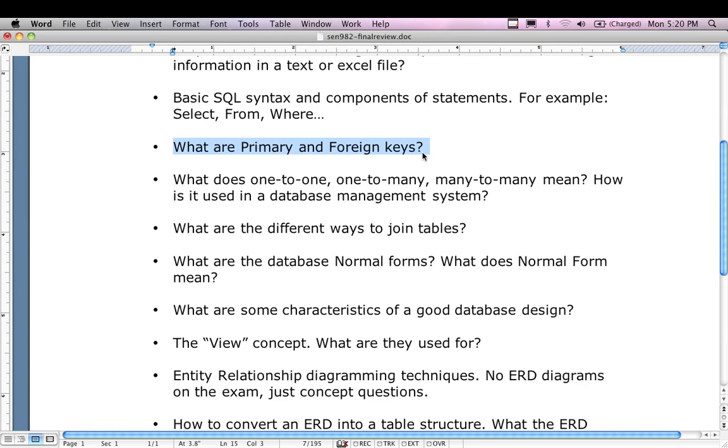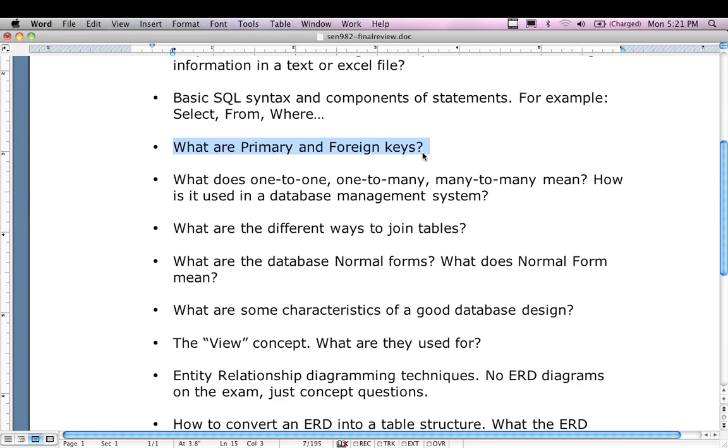The questions, which are all multiple choice, are going to ask you things about cardinality in an entity relationship diagram. They're going to ask you about one-to-one, one-to-many. How is it broken out in terms of the table format and why is it done that way? Where do those keys come from? Like when you take a many-to-many relationship and make a composite, one key from this table, one key from that table, and you put them together.